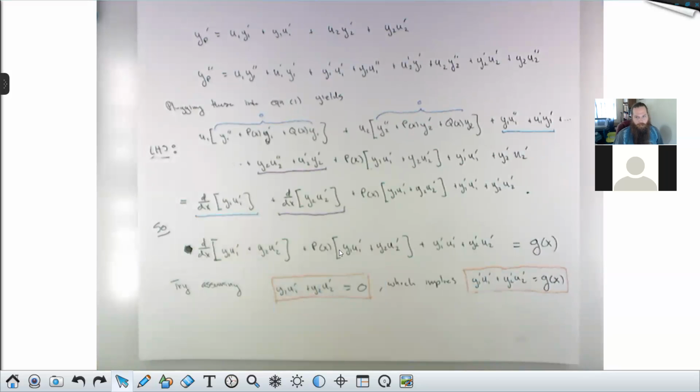All the other stuff is dropped out. So rather than having like 4 terms that we're kind of having to deal with and track the relationship between u1, u1 prime, u2, and u2 prime, here we just have 2 equations and 2 unknowns. These are my 2 equations, and the 2 unknowns are u1 prime and u2 prime. That forms a linear system.